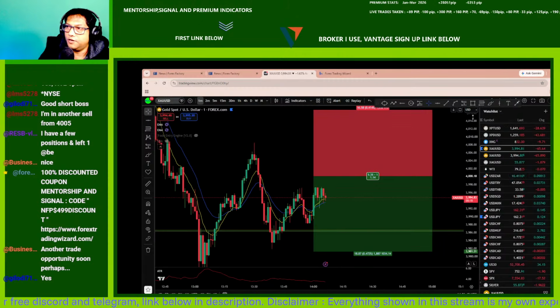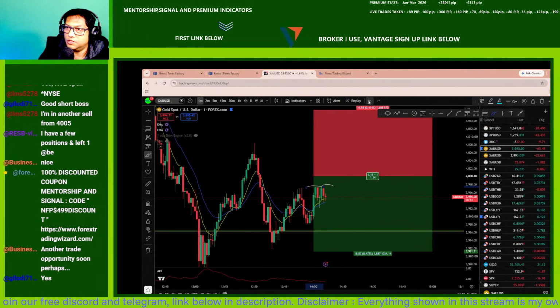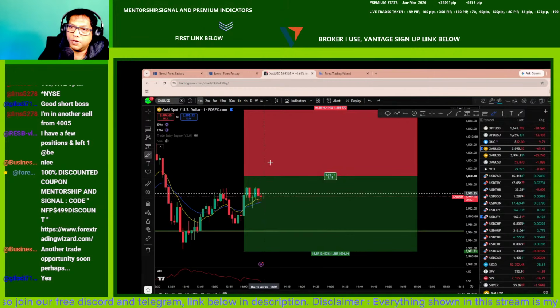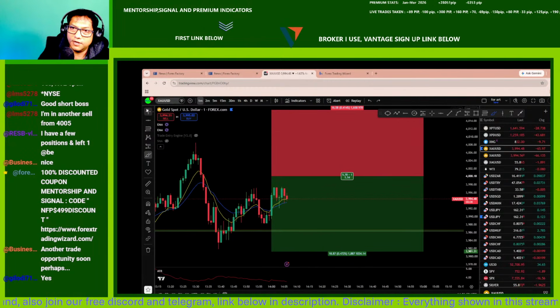With a double top here, which is a pretty big double top at this level, we might still see a deeper pullback in this area.